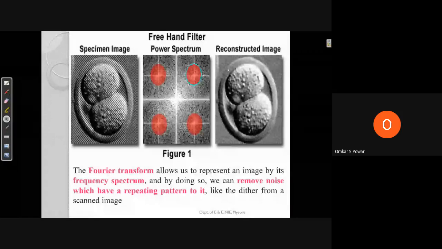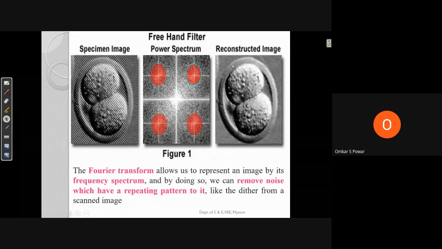So the Fourier transform allows you to represent an image by its frequency spectrum. By doing so, we can remove the noise which has a repeating pattern to it. If you consider this, there is noise repeating, these cross marks, and we can remove it with the help of filters and get the reconstructed image.